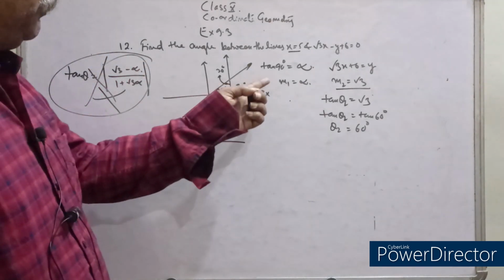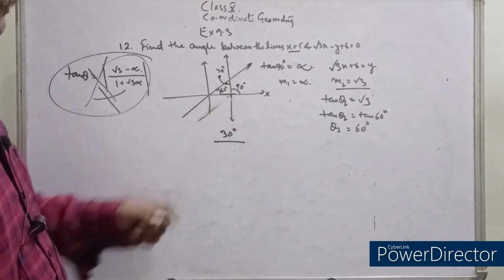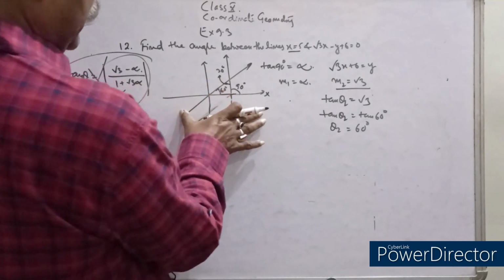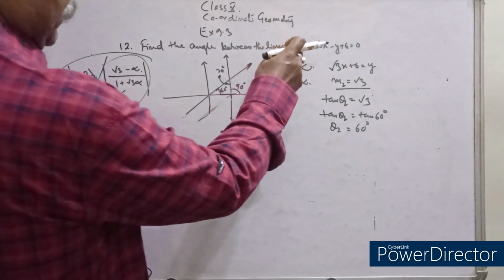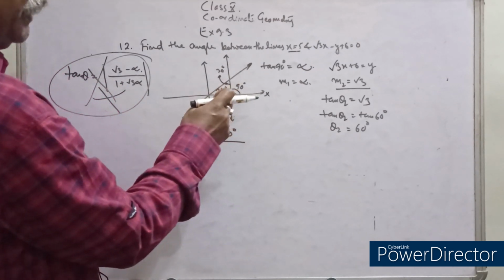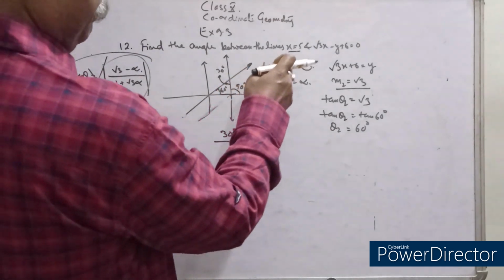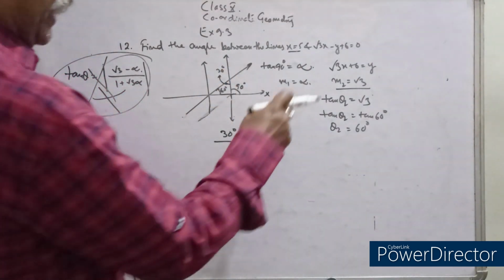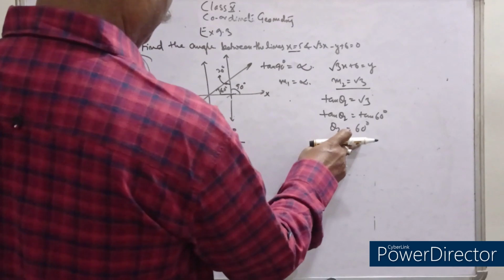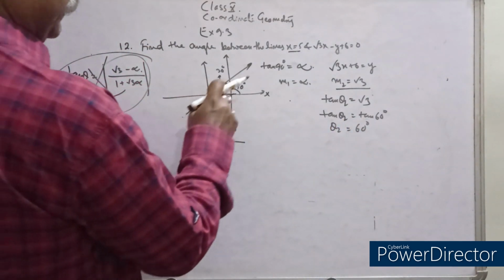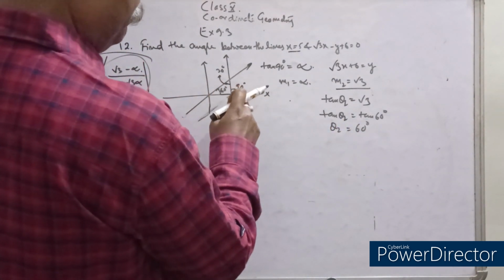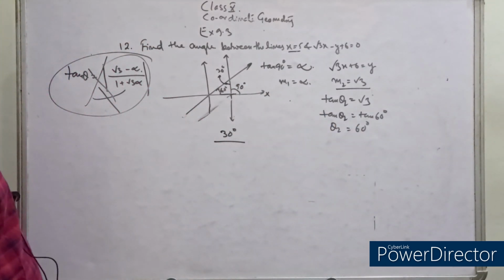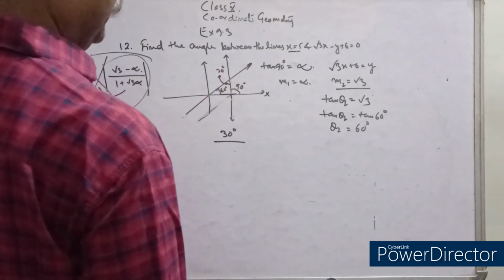So when you are going to solve in the exam, you draw this graph, you show the x is equal to 5 and it is making angle 90 degree because its slope is 90 degree. So you show this, and you find out the angle of inclination for this line. So it is 60 degree with this x-axis. So your angle will be 30 degree.